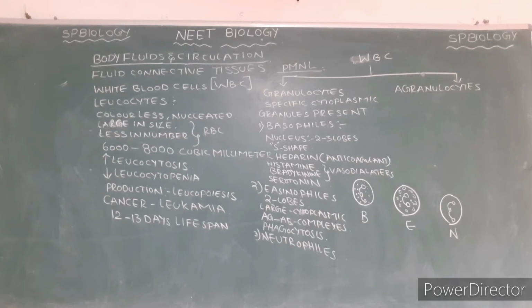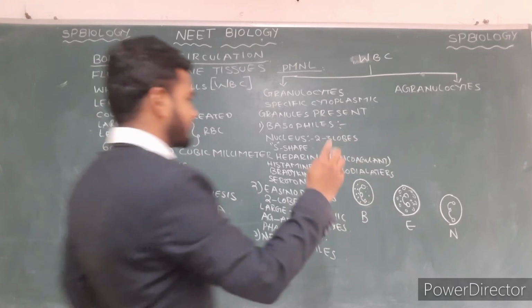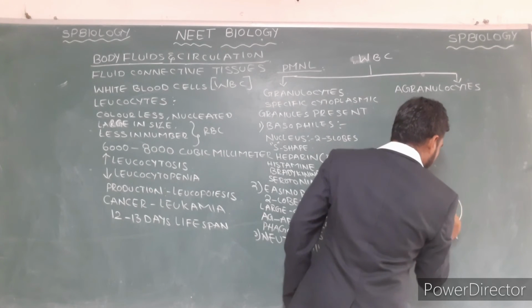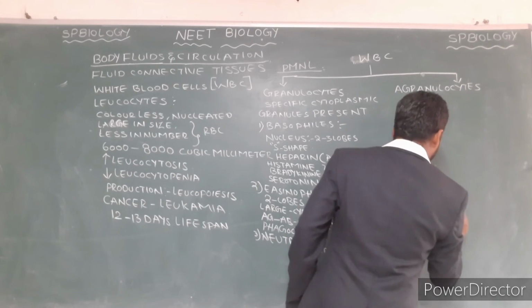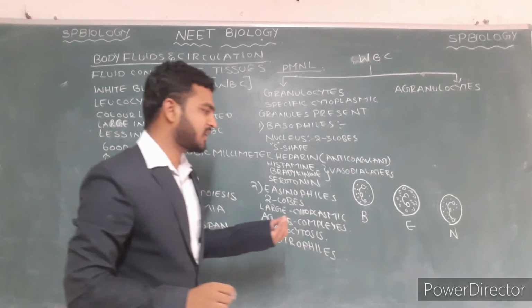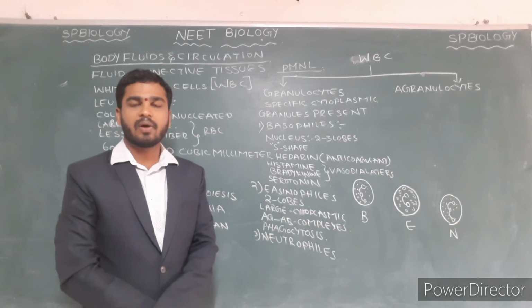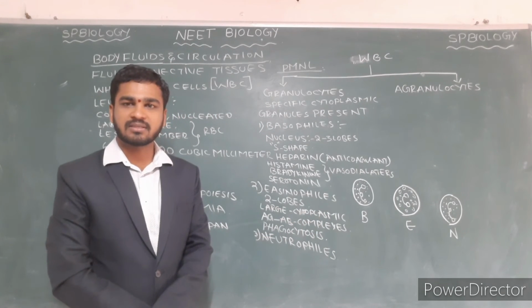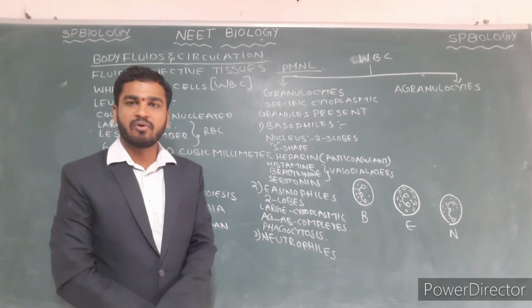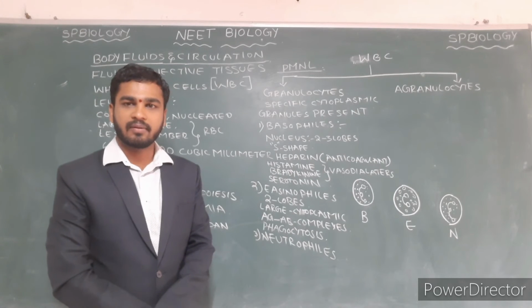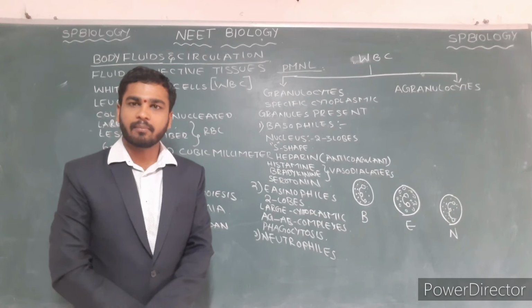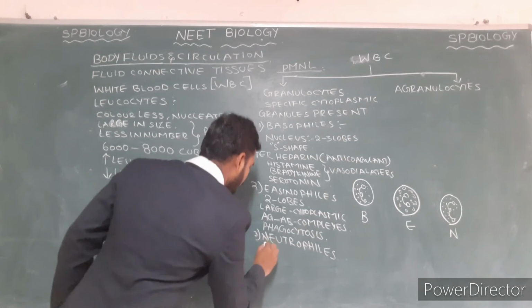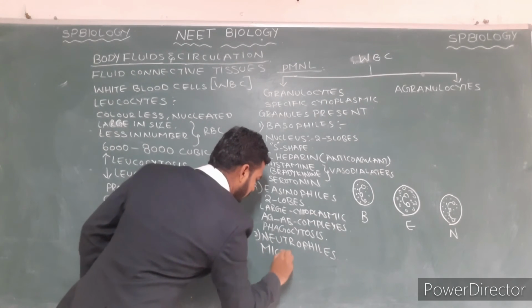The cytoplasmic granules are small, and abundant cytoplasm is seen. What is the main function of the neutrophils? They are involved in the phagocytosis mechanism. They are called microscopic policemen.